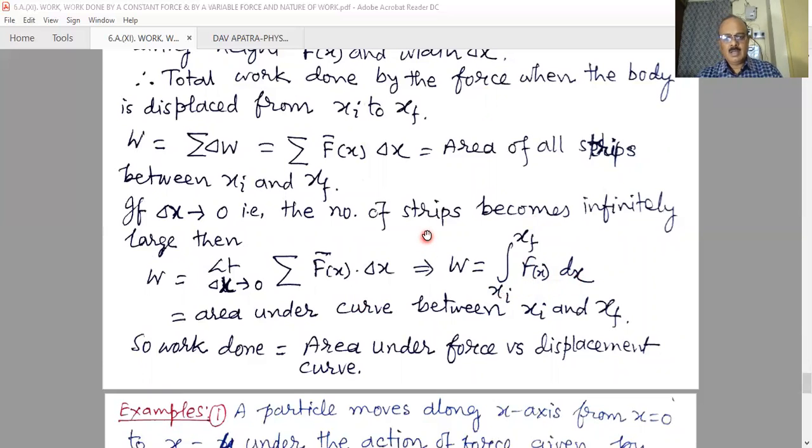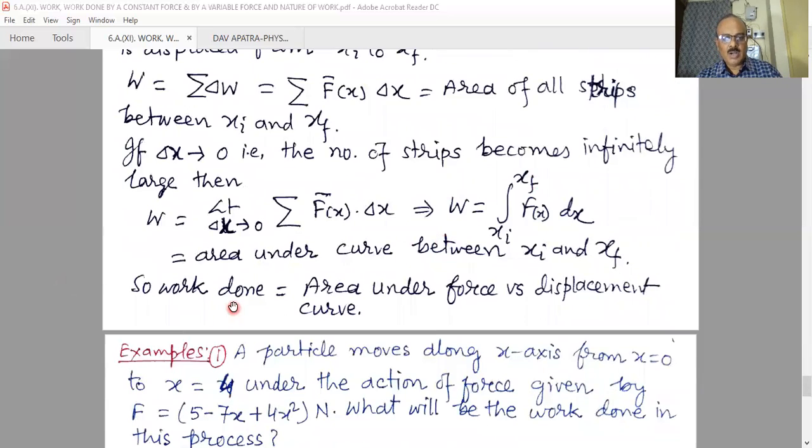That means when delta x tends to 0, we consider a very large number of very small strips, then the area under the curve between xi and xf will be nothing but the integration of F(x) dx, taking the lower limit xi, initial, and xf, final. So work done is ultimately the area under the force versus displacement curve, or otherwise we can take the help of integration. In these two ways, we can find the work done by a variable force.